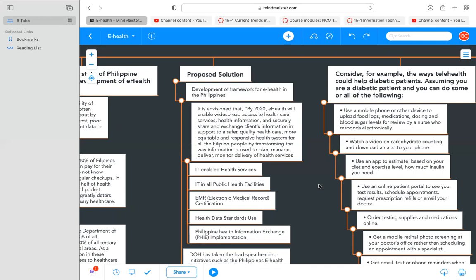The certification of electronic medical records and accreditation also of organizations who are using electronic medical record, to ensure, of course, the privacy and confidentiality of this information, and also to ensure that organizations are observing the protocols.